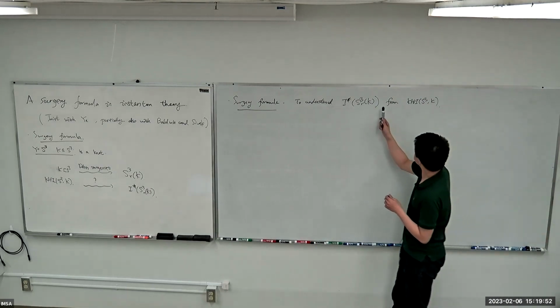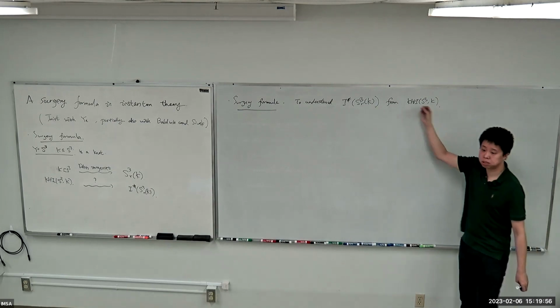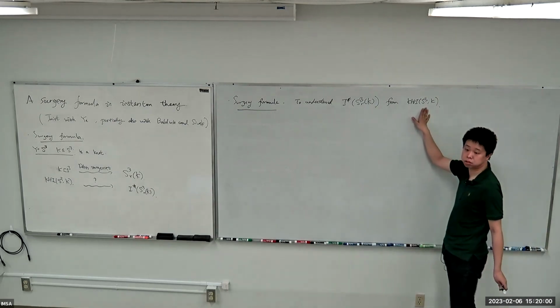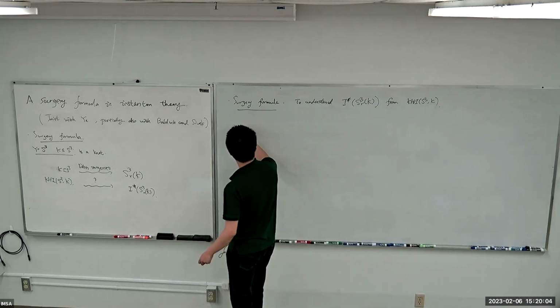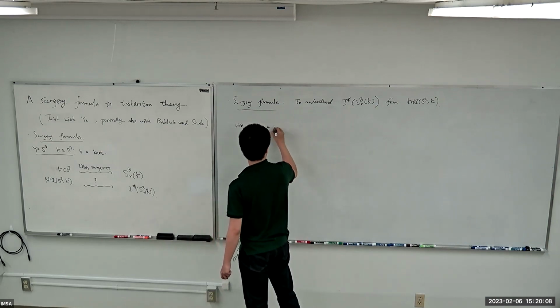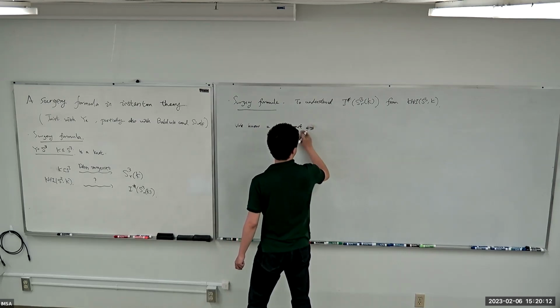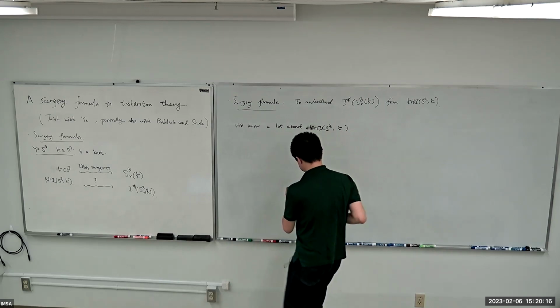So the reason that we want to go from the Instanton Floer homology of the knots to that of the three manifold is that actually we know more about the Instanton Floer homology of the knot. So we know a lot about this Instanton Floer homology of the knot here.